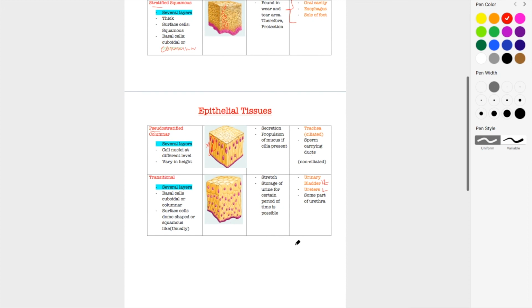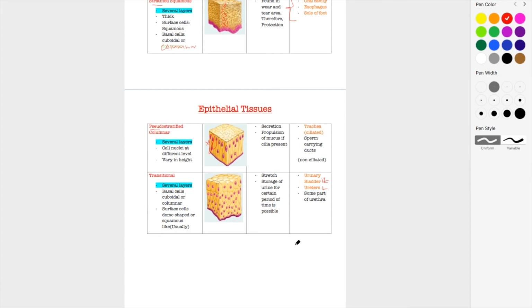And two more we talked about are pseudostratified columnar epithelium and the transitional epithelium. Pseudostratified columnar epithelium looks like it has multiple layers, but actually it does not. The false impression is that these are cells touching both surfaces, the apical surface and the basal surface.